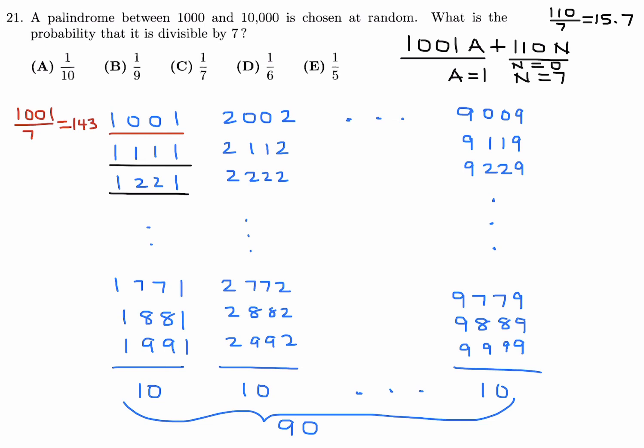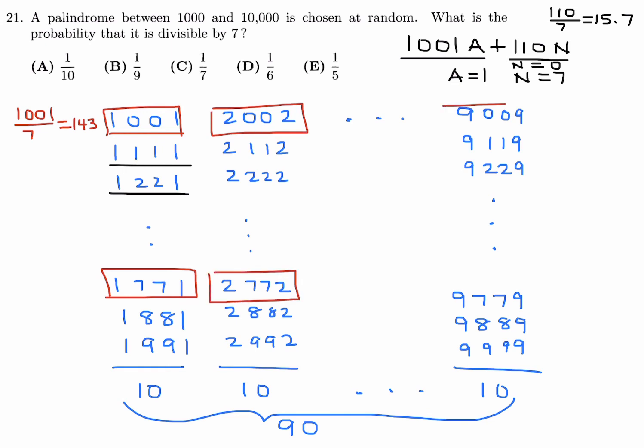But that one I just talked about right here. The only other one is when n equals 7, and that is this one right here. So I'll circle the ones that are divisible by 7, this one and this one. If you look at it in this format, it makes it very clear why. And for each of these columns, there are going to be 2 that are divisible by 7. That one and that one, and this one, that one, and this one.